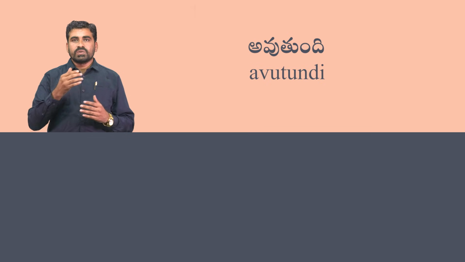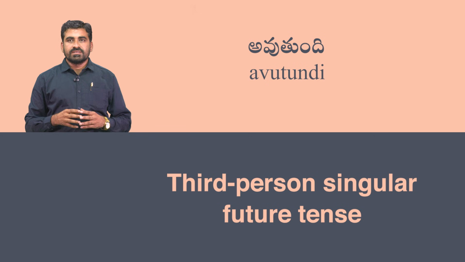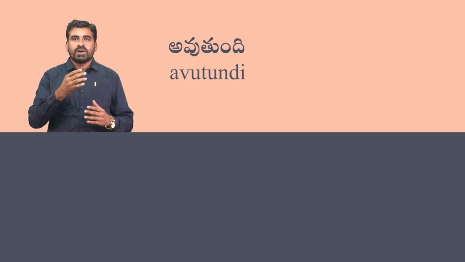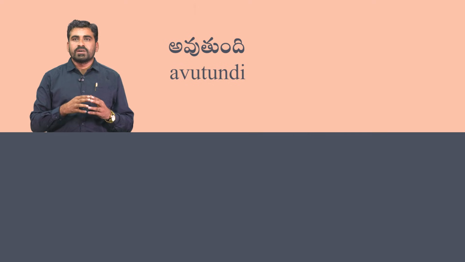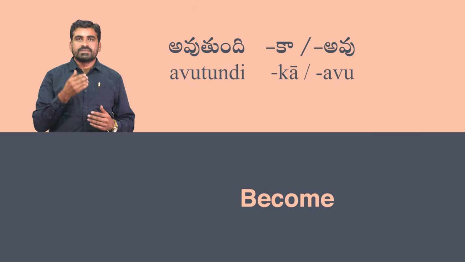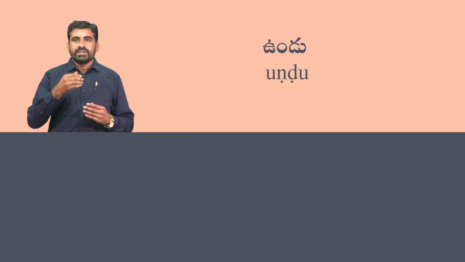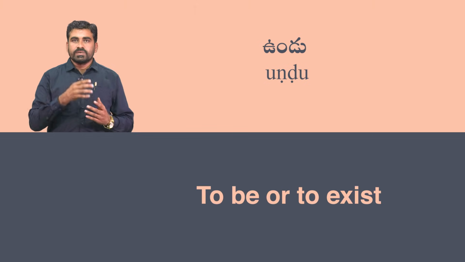The verb avutundi is in the third person singular future tense, linking the subject to the predicate to indicate a future state. Grammatically, avutundi is derived from the stem avu, which means become, and is conceptually linked to the root verb undu, meaning to be or to exist.